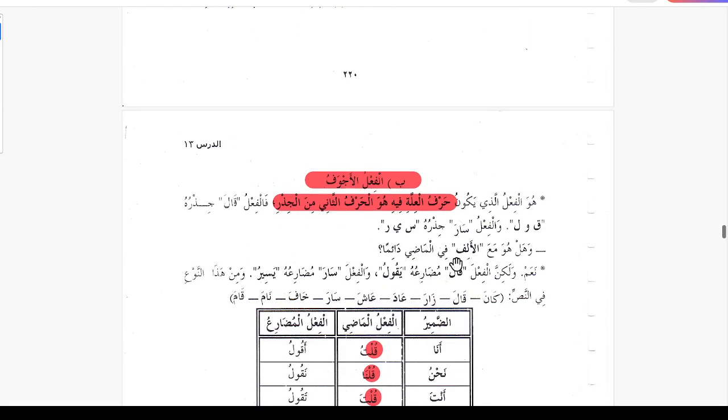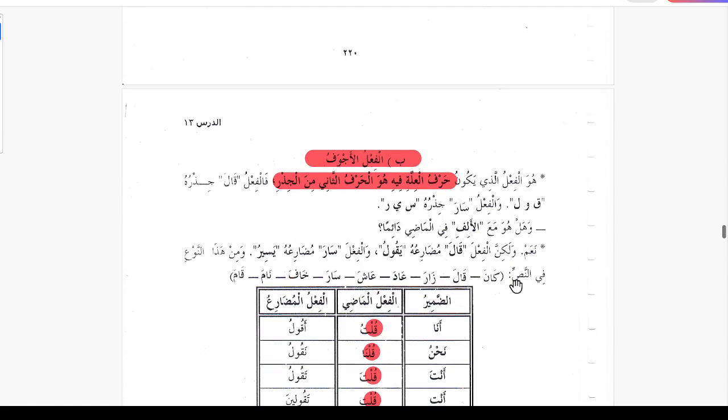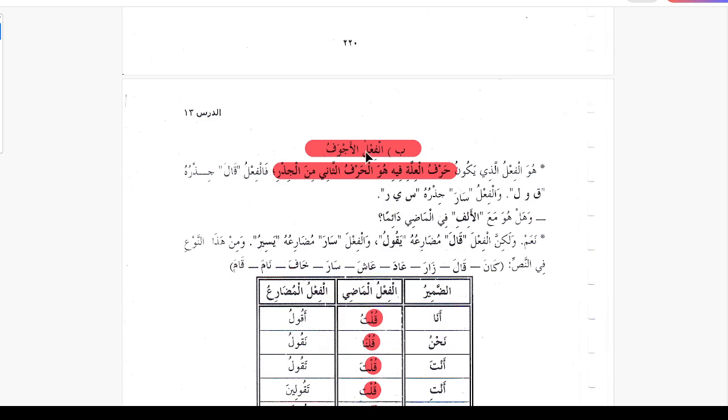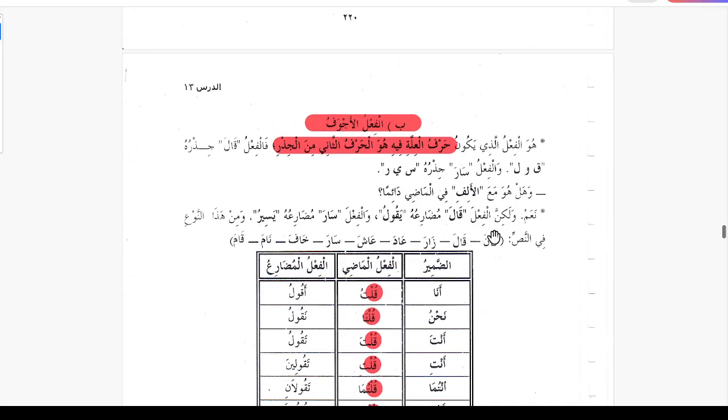Wahal huwa ma'alfi fil madi da'iman, is it written with the alif in the past tense always? Na'am, yes. So in this kind the past tense will always have alif, but actually it is going to be either waw or ya. Walakinnal fi'l kala mudari'uhu yaqulu.